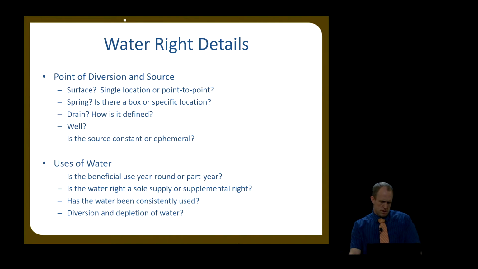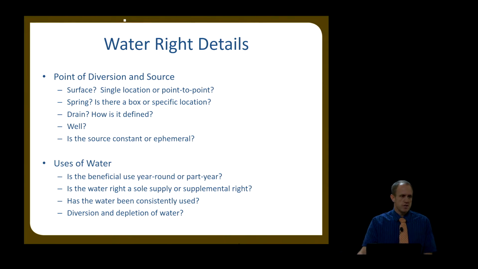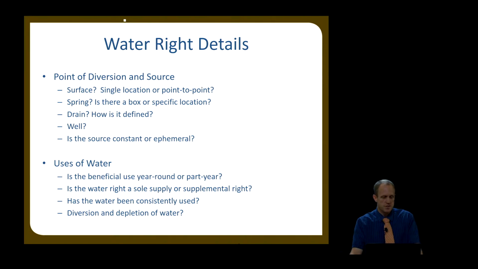And I think some of this we kind of touched on already, so I don't need to get into it too far. But uses of water. Is the water right a sole supply or a supplemental right? And I won't get into this too much either, because I think one of the other presenters is going to do that. But just as a quick example, say you have 100 acres of irrigation, and you have 4 water rights together that are used for that irrigation. Well, those will be supplemental rights.